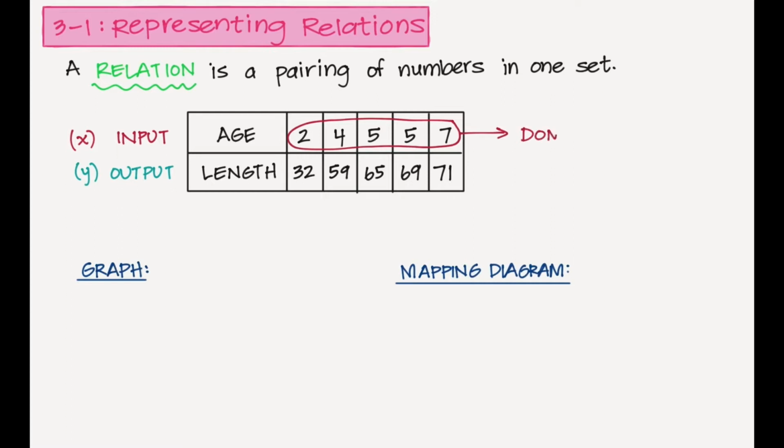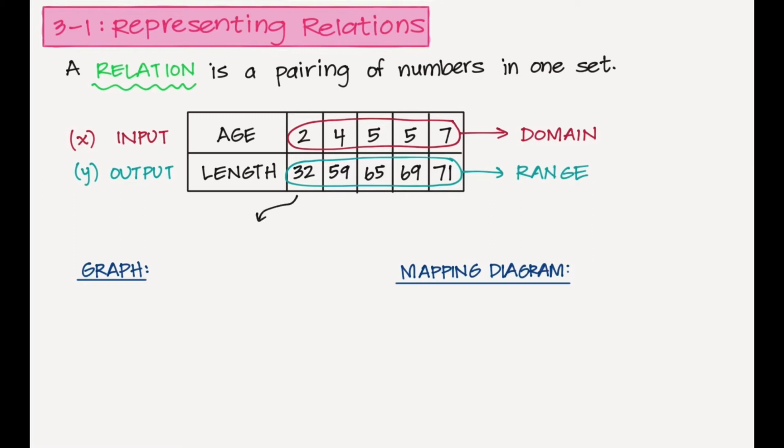It's literally just listing all of those x values. And then the y values, when I put those together, that is called the range, okay? So this is just some terminology as we begin this lesson. So we have input, output, domain, and range.